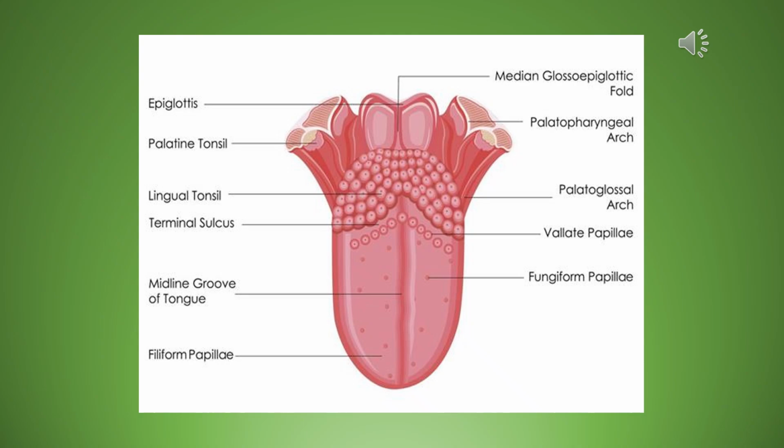Filiform papillae have no taste buds. They are, however, sensitive to the texture of food. They are innervated by branches of the vagus nerve, cranial nerve number 10, and so we have some appreciation for the texture of food, courtesy of the filiform papillae.